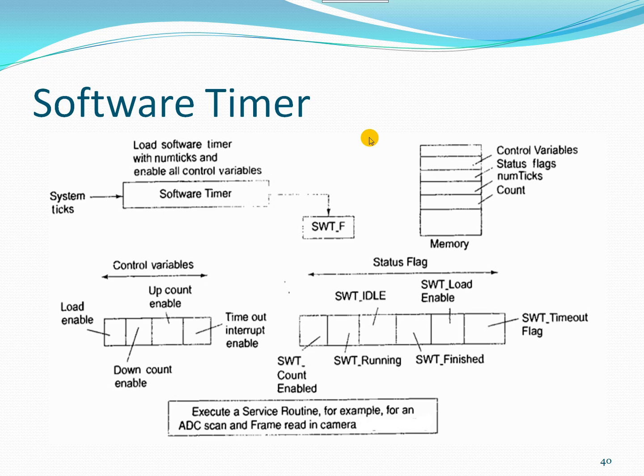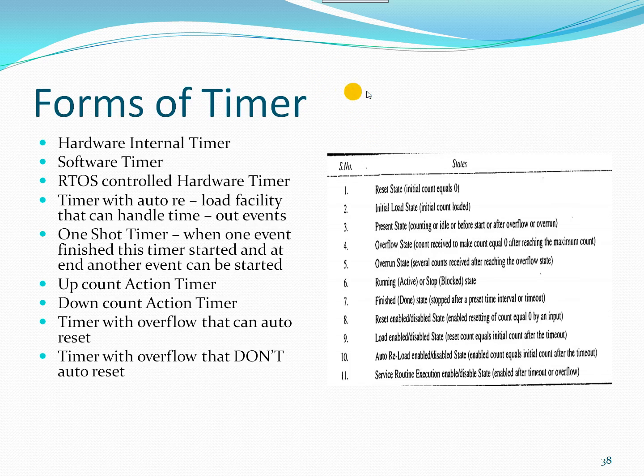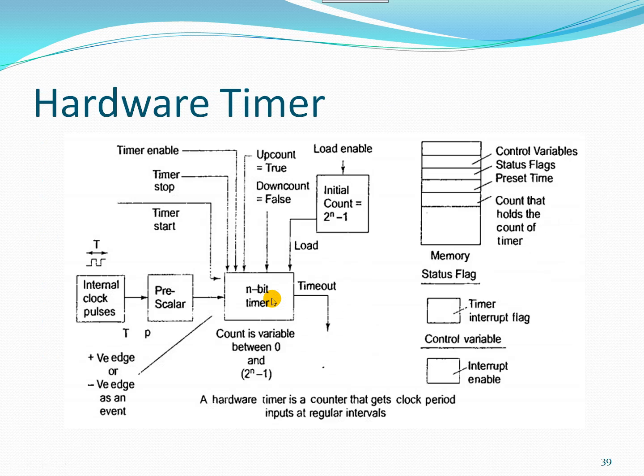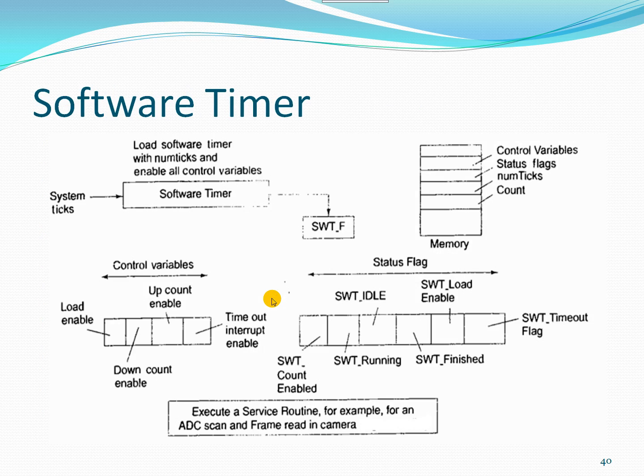We have seen in the previous slides that the RTOS controlled hardware timers, the message queues, the watchdog timers, the scheduling events, the time slicing between the processors and the context switching between the processors are going to be the applications of this software timer. For this kind of applications, we can be using these software timers, and also for application software.